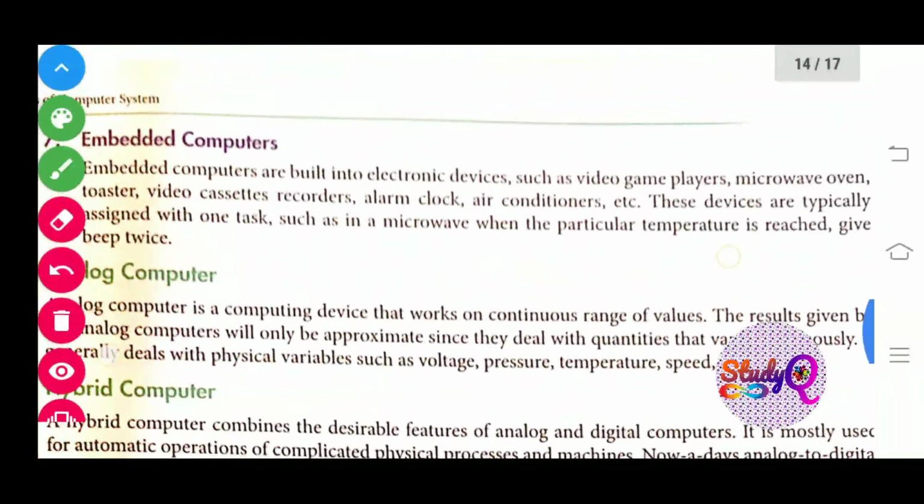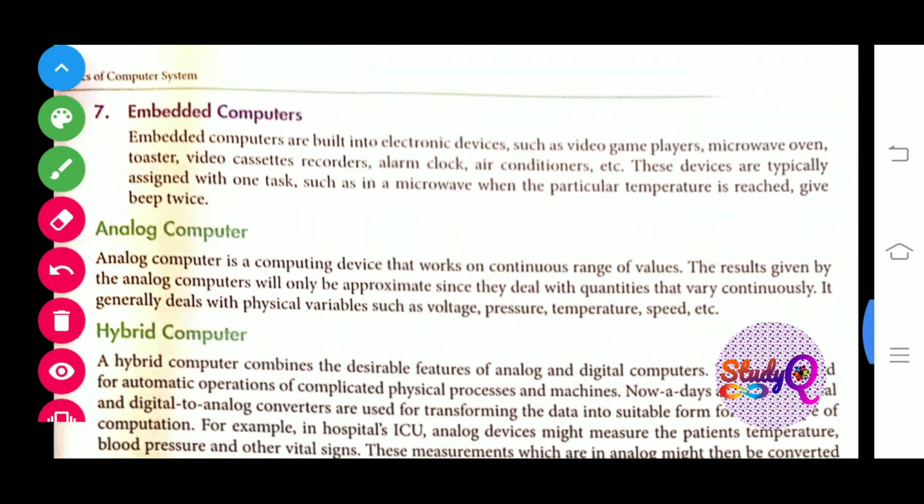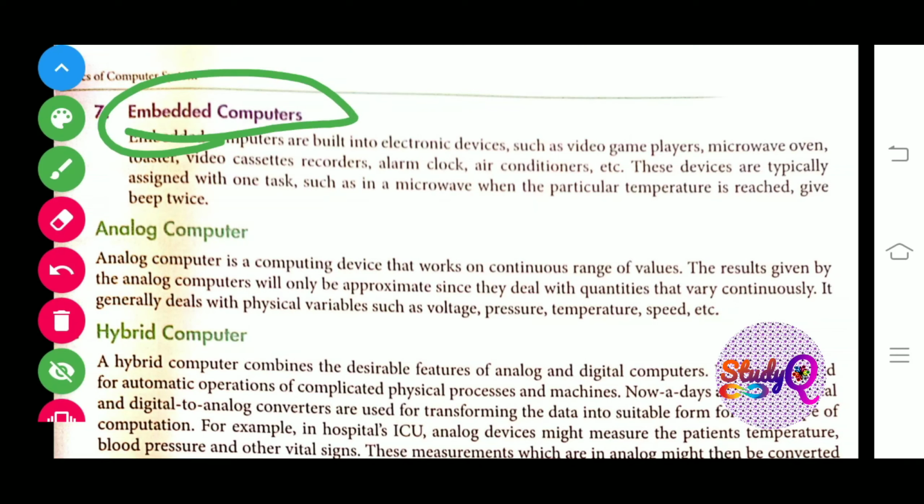So after this, embedded computers. I am just going to explain embedded here. Embedded computers are the computers which are fixed in a larger machine, as we can see in a washing machine, air conditioner, oven, microwave oven. These are the machines and equipment where we use technology like embedded computers.